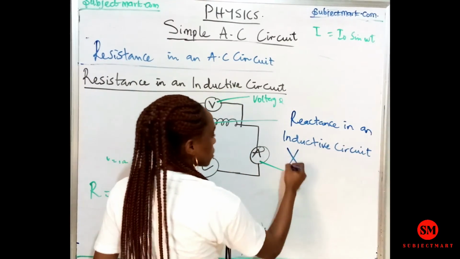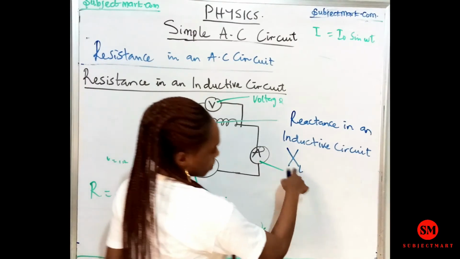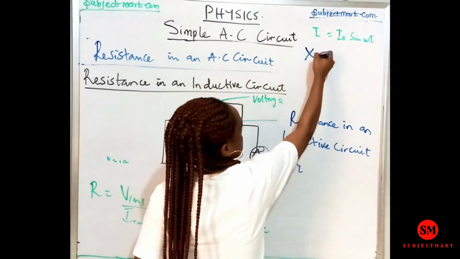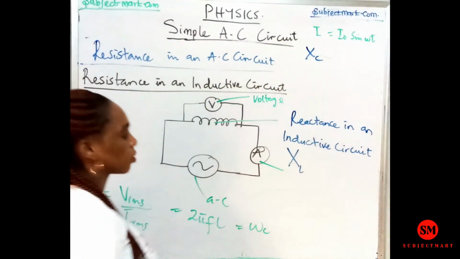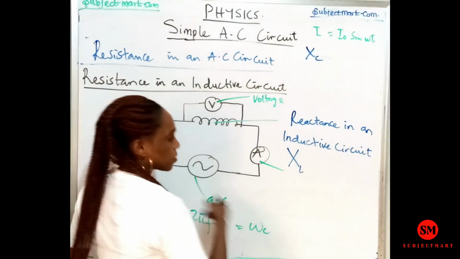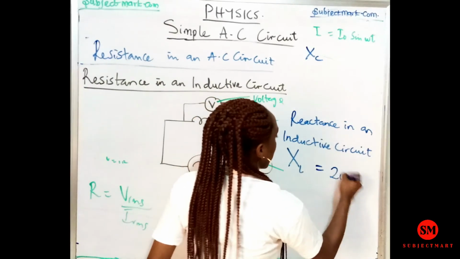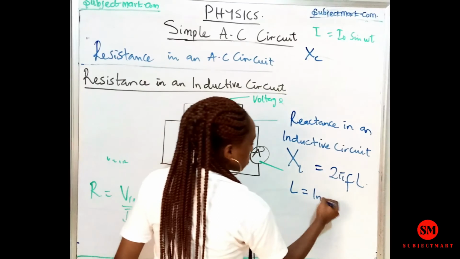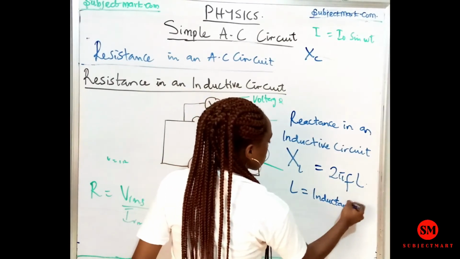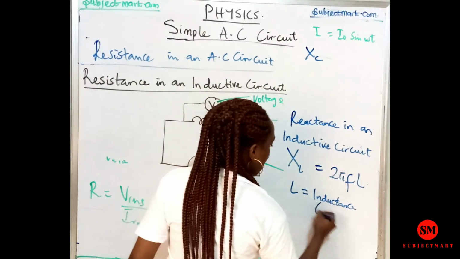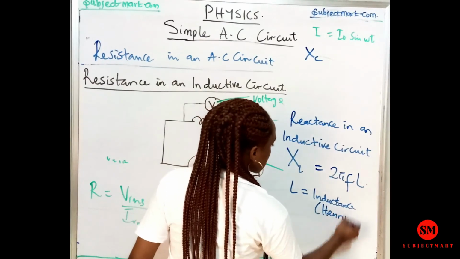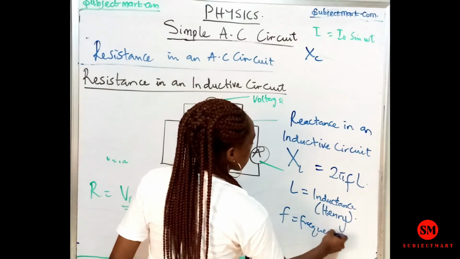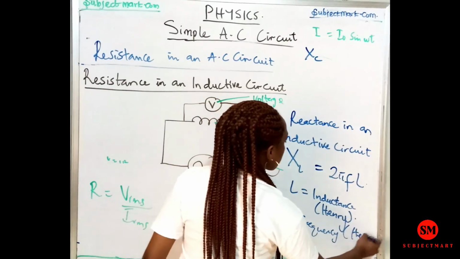This is the symbol for reactance. X for inductive circuit is X subscript L, but for capacitive circuit is X subscript C. So for an inductive circuit it is 2 pi f L, where L is the inductance, and the unit is measured in Henry, while f is frequency, measured in hertz.